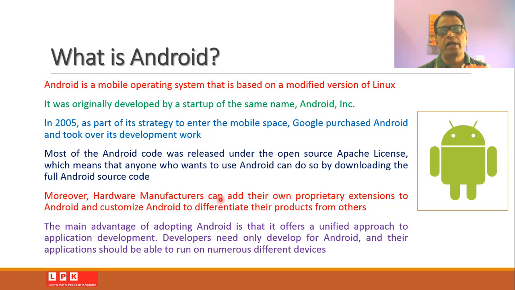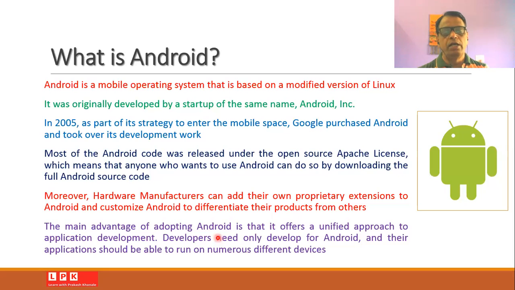Hardware manufacturers can add their own proprietary extensions to Android and customize Android to differentiate their products from the others. This feature has made Android very popular and it was accepted by many mobile hardware manufacturers.